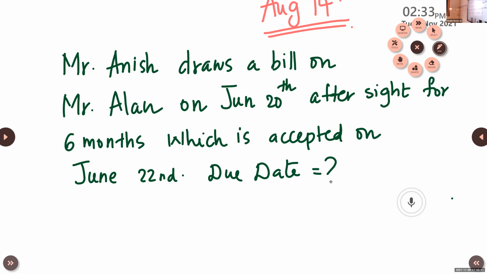So read the question carefully. What are the informations given to you? It is after sight. After sight means, which is the date that you consider? It is date of acceptance. Date of bill is June 20, but it is accepted on June 22nd.